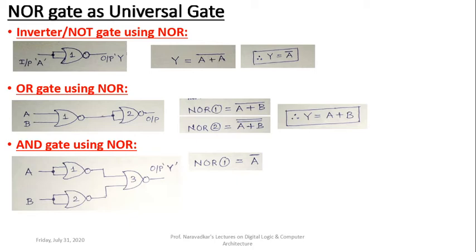Just below, the output of NOR gate 2 is nothing but the inversion of input B, that is B bar. And these are the two outputs which are connected together to the inputs of the third NOR gate here. So let us write the equation for NOR gate number 3, which is equal to the inputs connected by using the OR operator and then the whole complement. But the inputs for this third NOR gate are A bar, B bar. So A bar plus B bar, then the whole complement, is nothing but the output of the third NOR gate.